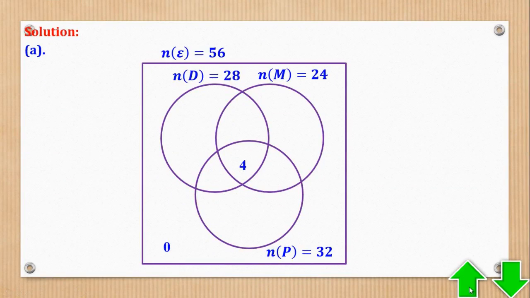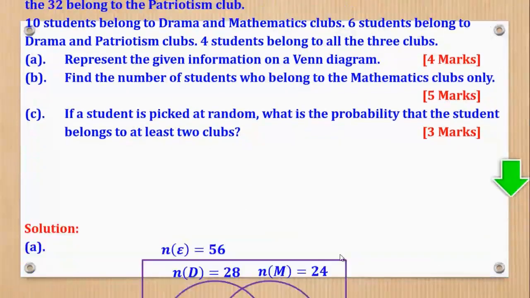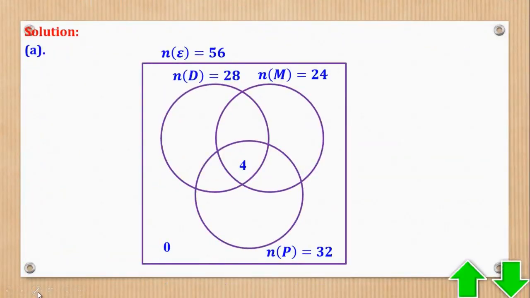Then they also said 10 belong to drama and mathematics. Then 6 belong to drama and patriotism. So we shall come here for drama and mathematics. The whole of this should be 10. But you already have 4 here, meaning that the balance will be 10 minus 4, which is 6.